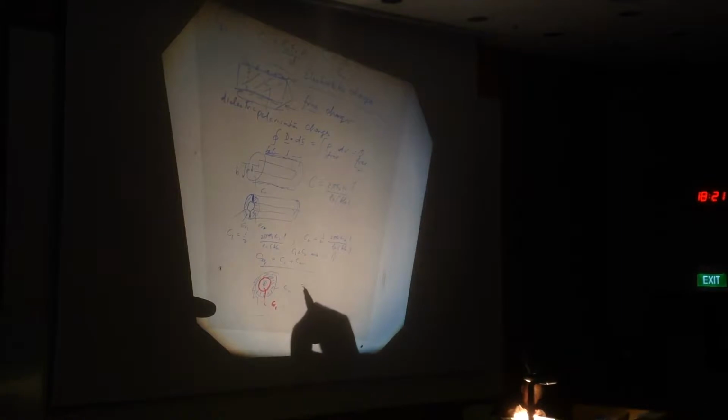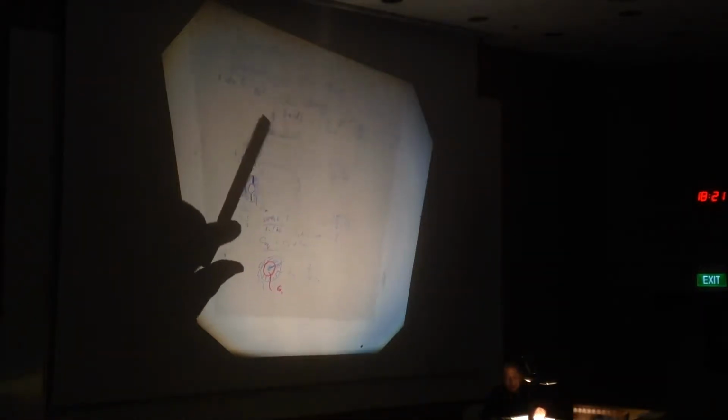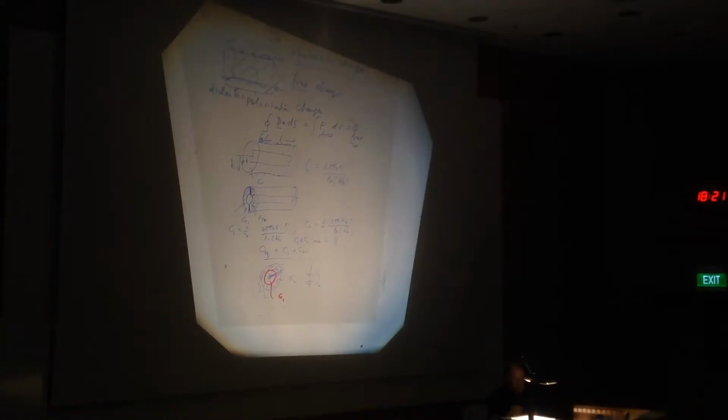This looks like two capacitors in series, C1 and C2, because the voltage from here to here is the sum, like two resistors in series. So C1 and C2 are in series. The formula for C1 and C2 we saw already is the inverse, like resistors, so the answer is C1 C2 over C1 plus C2. This is what we discovered last week.